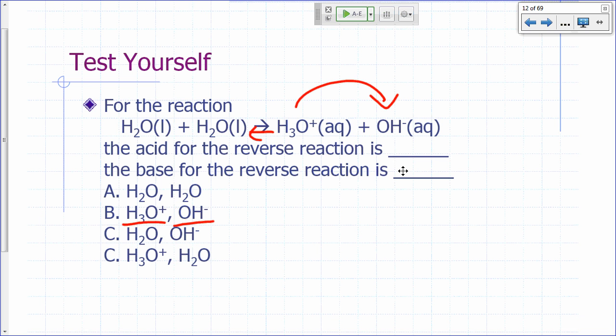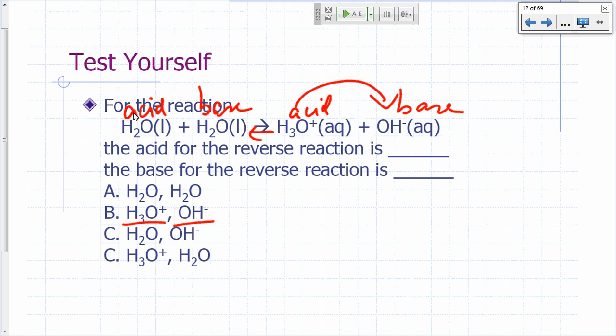So in an acid-base reaction, when you transfer a proton from one species to another, the proton can transfer back, right? And so the reverse reaction is also a proton transfer reaction. So what did we notice? This was an acid, this was the base, and then this is the acid, and that's the base.